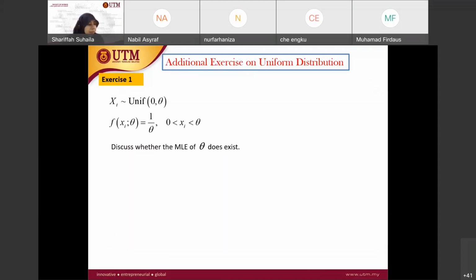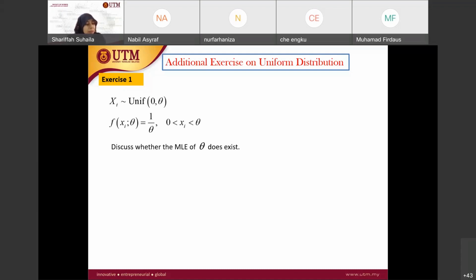Now we proceed with the open bracket. That means your xi just lies between 0 and theta. In this case, your MLE does not exist, because we cannot find any theta that fits the likelihood function.